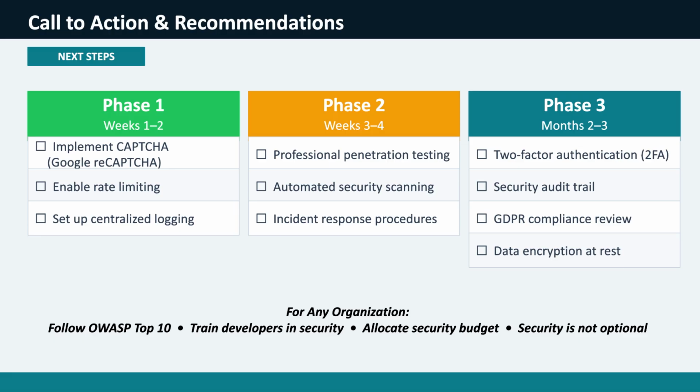This application represents a solid foundation, but production-grade security requires continuous improvement. We have outlined the roadmap for hardening the application further. Organizations building web applications should treat security as a core competency, not as an afterthought. Developers should be trained in secure coding, and budgets should allocate time for security work.